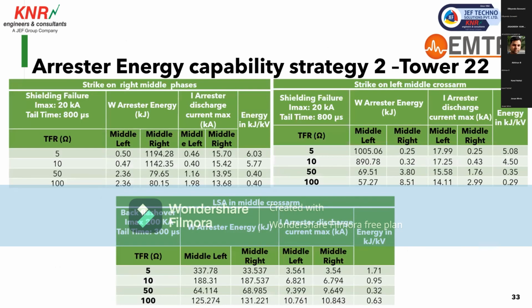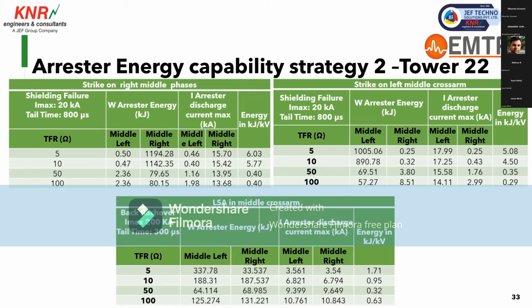So this is the tabulation. For the values of tower footing resistance, we inject the current. We inject the maximum shielding failure current for the tower, which in this tower is 20 kA. To carry 40 coulombs, we have a tail time of 800 microseconds.